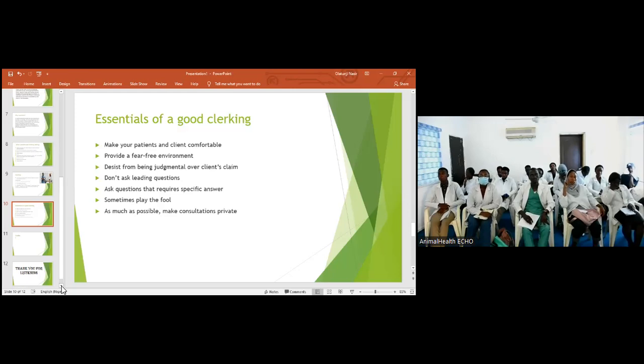But I know some hospitals design it so that what the doctor is asking the client, some other people can hear. Or in some places, you have a vet and about 4 or 5 assistants listening to the person. Sometimes it's not good. Apart from you and the person who is assisting, please, I tell you one thing, make consultations as private as possible so that you can extract the maximum information from that person.